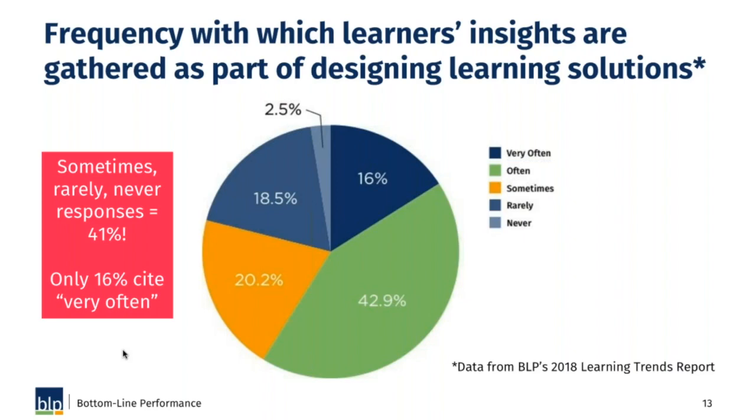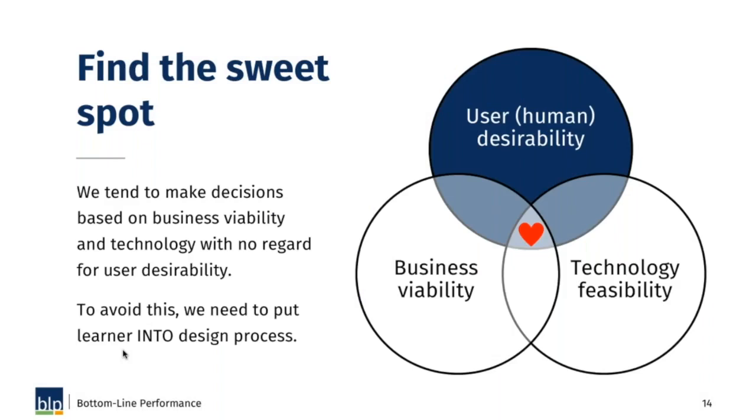So what's the problem with that? The problem is that sometimes when you don't put the user in it at all, you're going to lose that learner, and you're not going to hit your outcome. The goal of design thinking is to find that sweet spot.